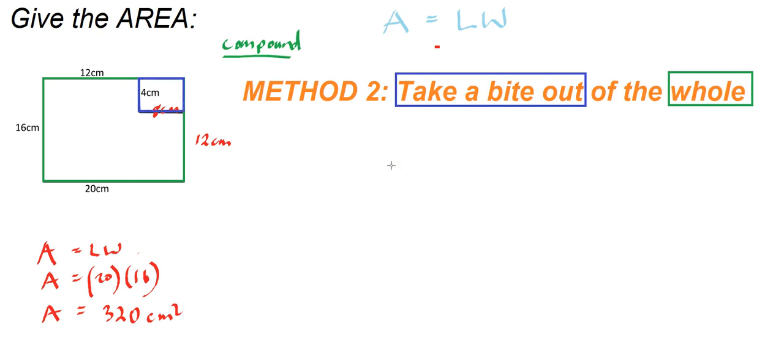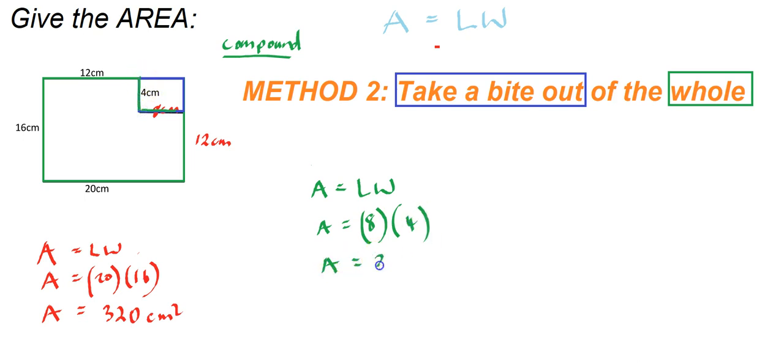So we just need to know what the dimensions of that rectangle are. So let's have a look at that, shall we? Area equals length times width. And for this little rectangle, we've got a length here of 8, and we've got a width, which was given to us, of 4.